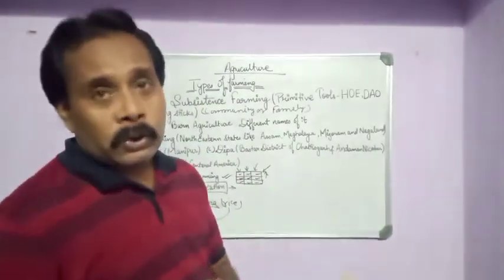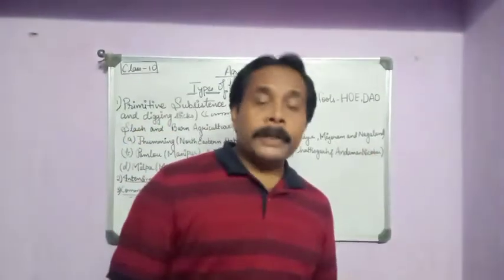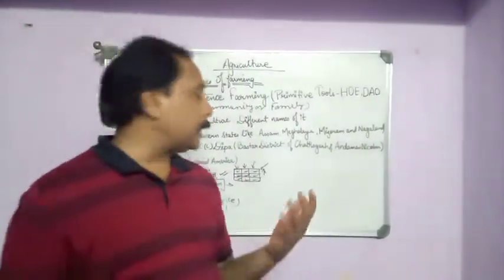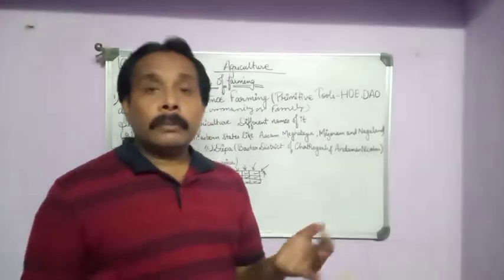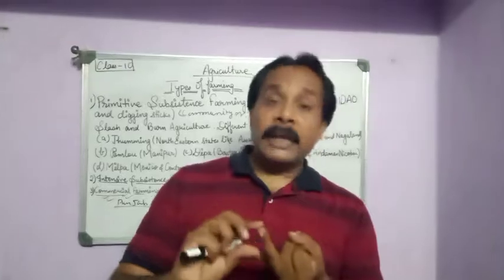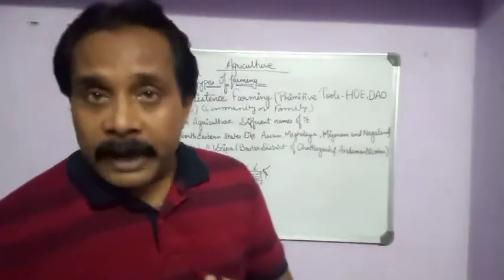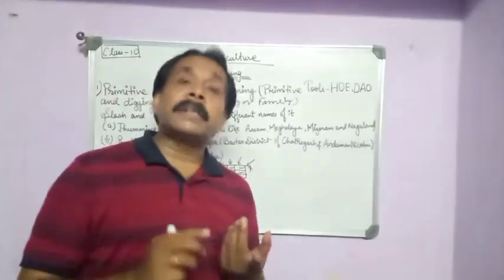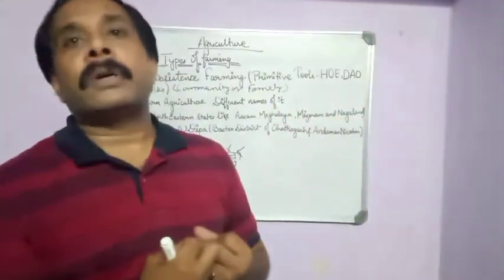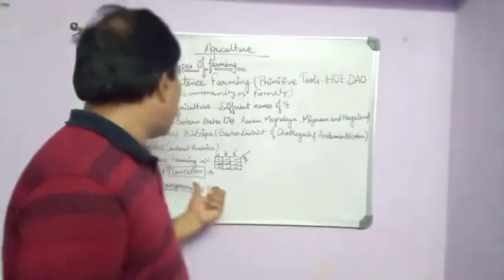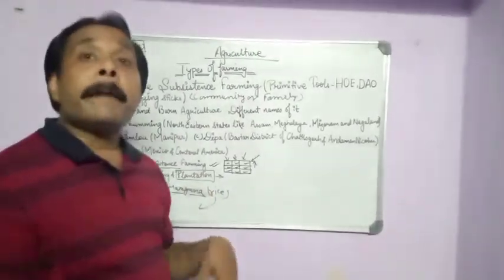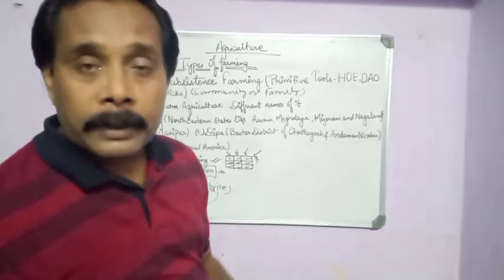They also use better inputs for the production, such as I told you, the better irrigation systems, next high yielding variety of seeds, pesticides, fertilizers, and so on. They also hire workers, okay, for plantation work. So it is also based on capital intensive method.